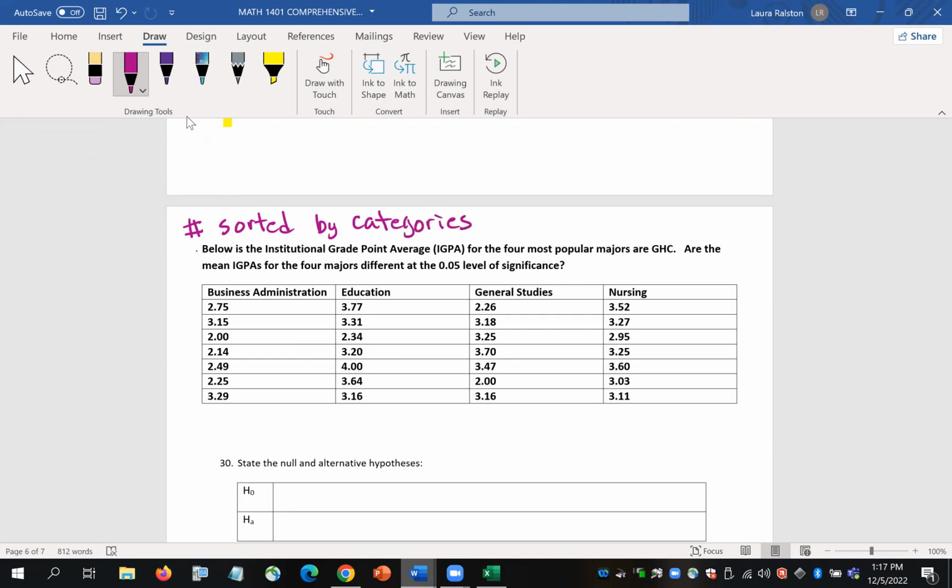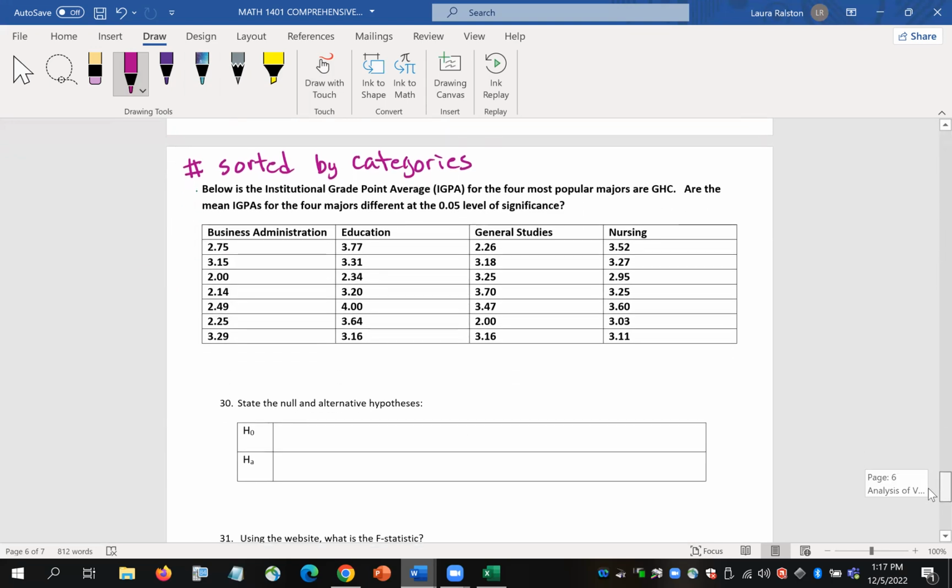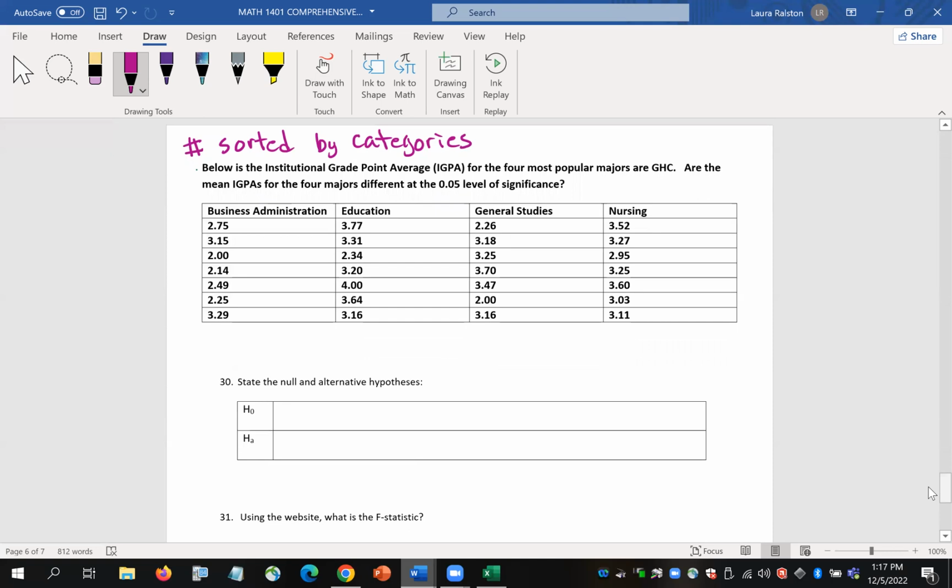In this case, I have the GPA sorted into the 4 most popular majors. Does anybody need to see this one worked out?